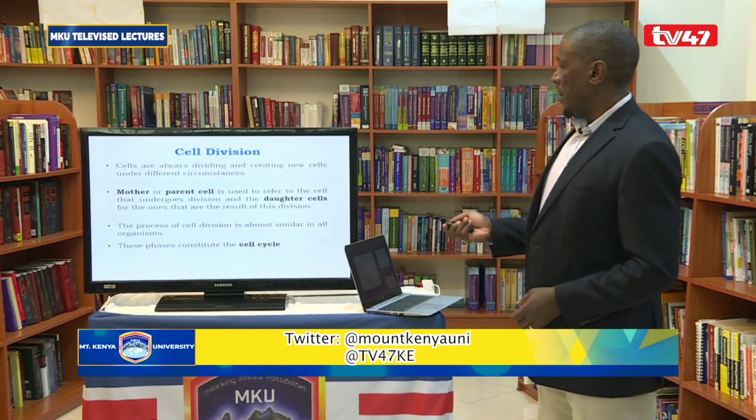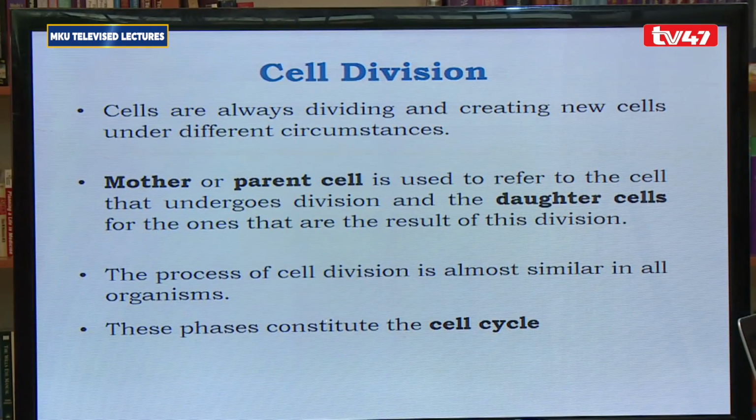So cells are always dividing to create new cells. The parent cell divides to create daughter cells through the process you call cell division. And you find that cell division is similar in nearly all cells. The process happens in the same way.